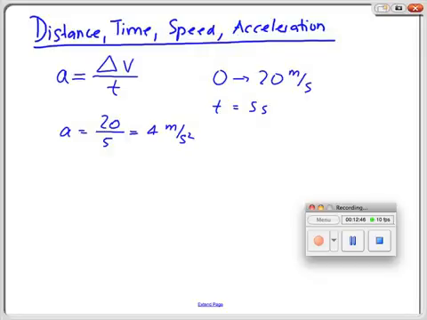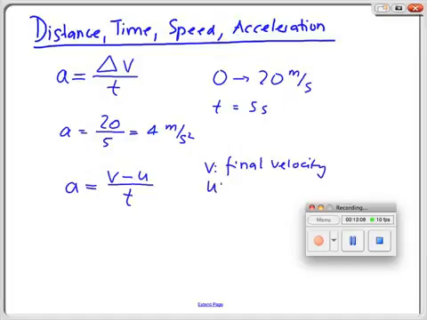There's also another way of writing down this formula, where the change in velocity is my final velocity minus my initial velocity, divided by the time. So v minus u over t, where v would be the final velocity and u would be my initial velocity.